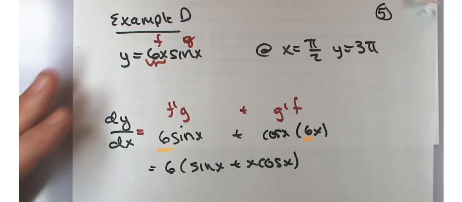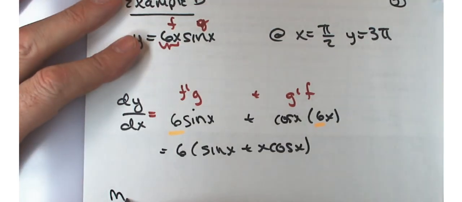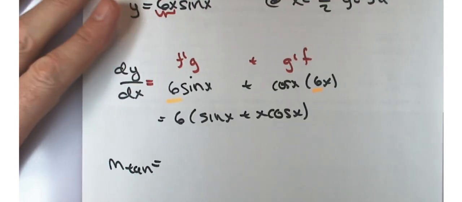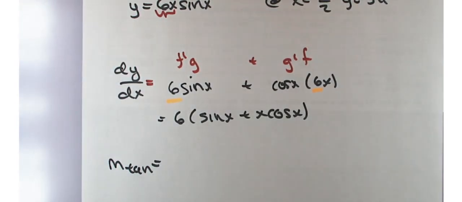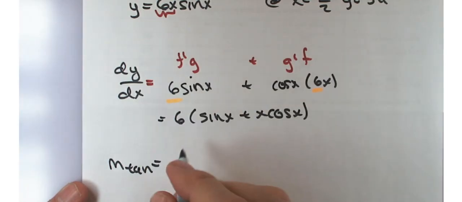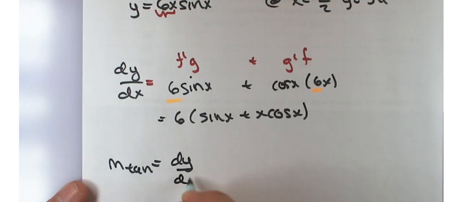And now the slope of the tangent line. So m sub tangent is going to be the derivative evaluated at pi over 2.